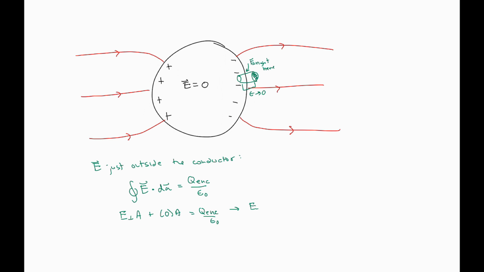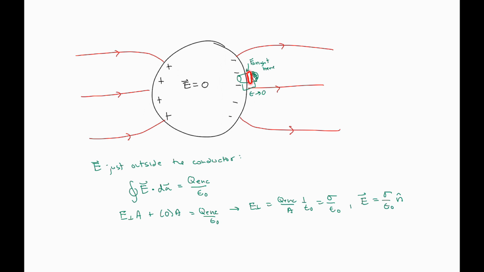When I divide both sides by A, I end up getting the charge density divided by epsilon naught, or I can rewrite this as the electric field equal to the charge density divided by epsilon naught in the n hat direction just outside my conductor.